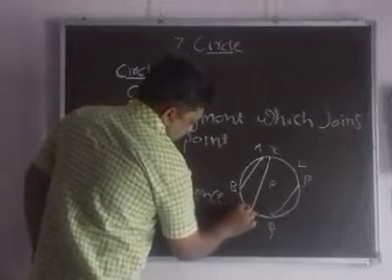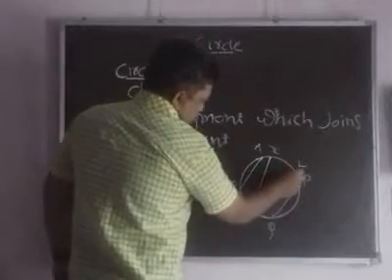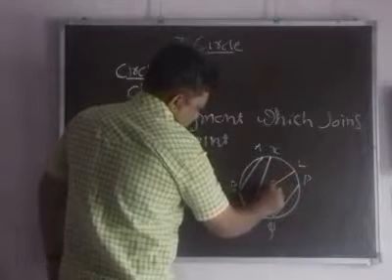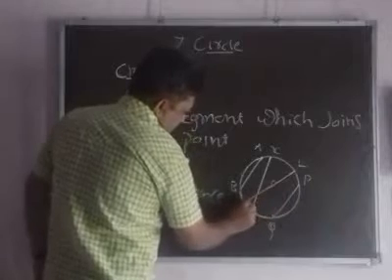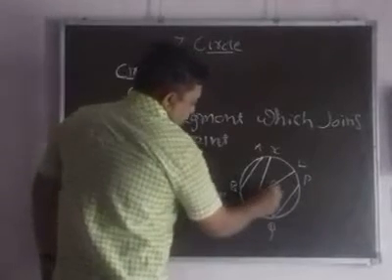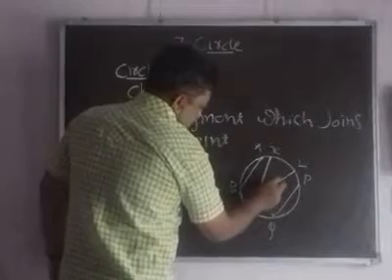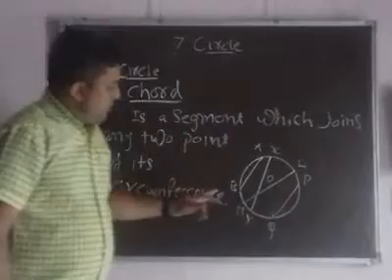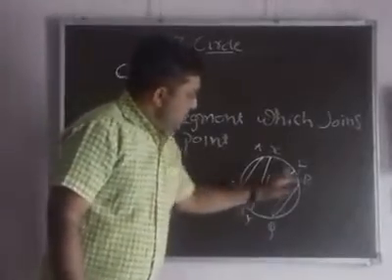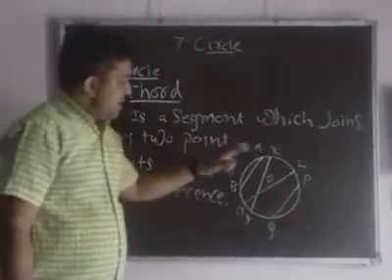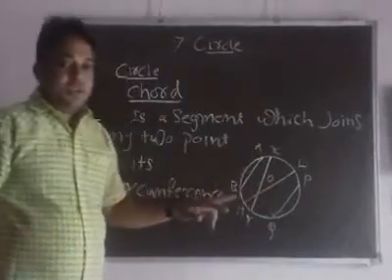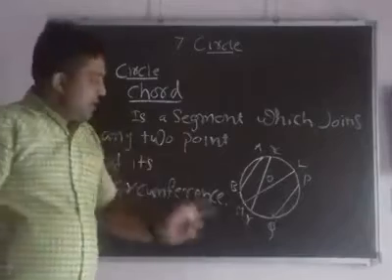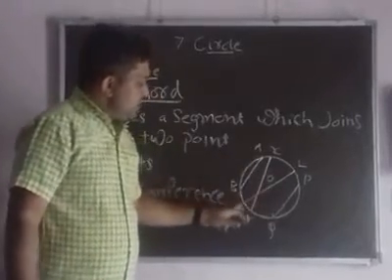And M is here, and if I join this L and M, while joining L and M, I need to pass the segment through the center of the circle. For this condition also, ML is a chord, but as it passes through the center of the circle, it will be the biggest chord.